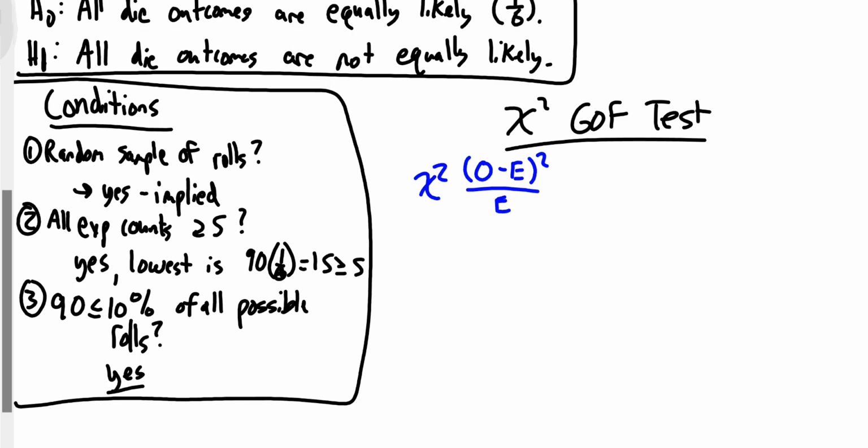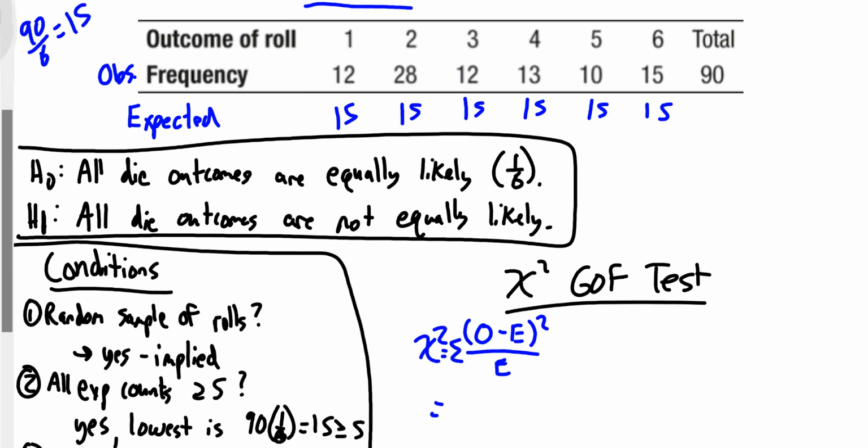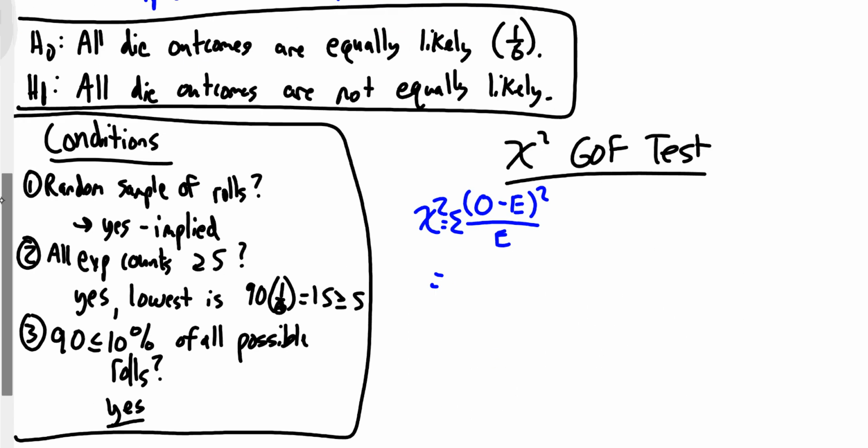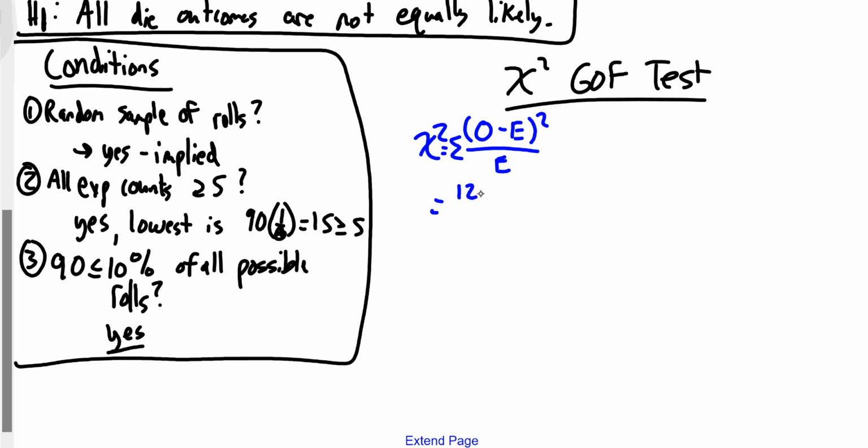We're going to have to show each individual one. So we had 12 for the first one, all the way to 15. So 12 minus the expected of 15 squared divided by 15, plus all the way to the last one, which is 15 minus 15 squared divided by 15.